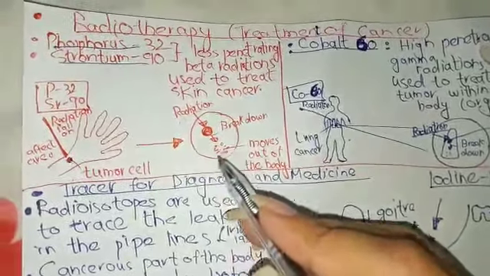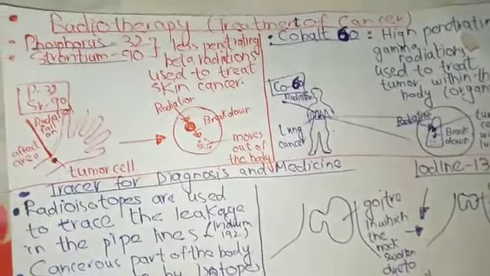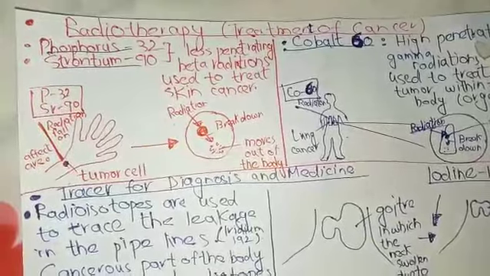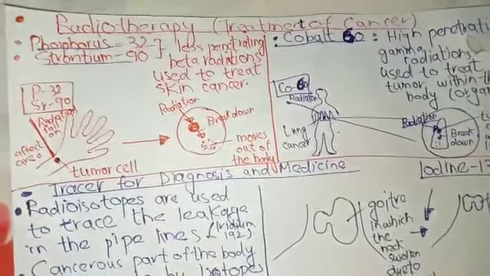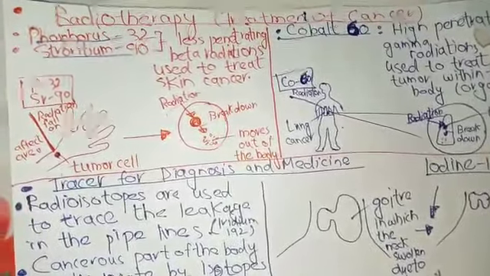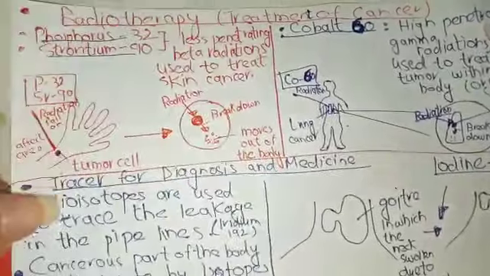Now these pieces are easily removed from the body. So we use radioactive isotopes like phosphorus 32 and strontium 90 for the treatment of skin cancer, because less penetrating radiations are emitted from them.